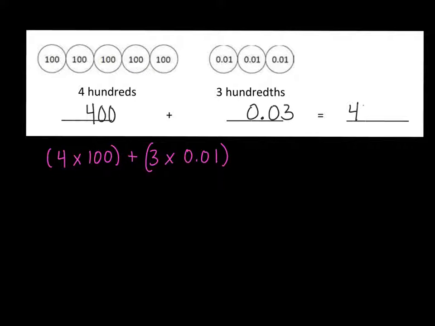So this would look like 40 and 3 hundredths. By the way, guys, just wanted to let you know that we would have to cross this out. There was an extra 100 in there. We were just going to focus on the 4 hundredths.